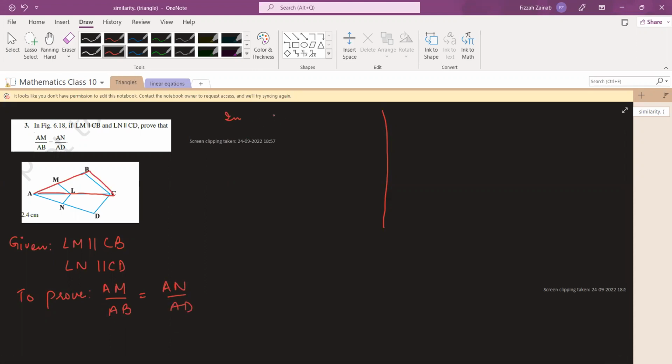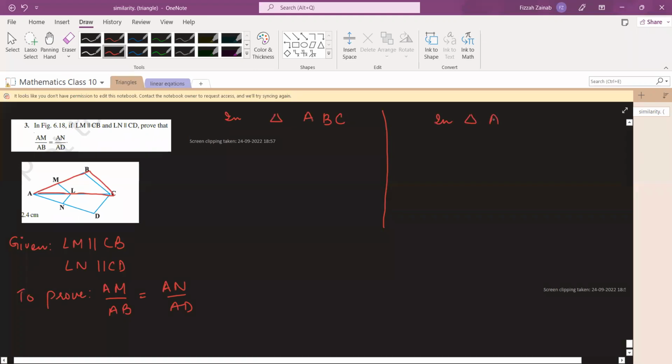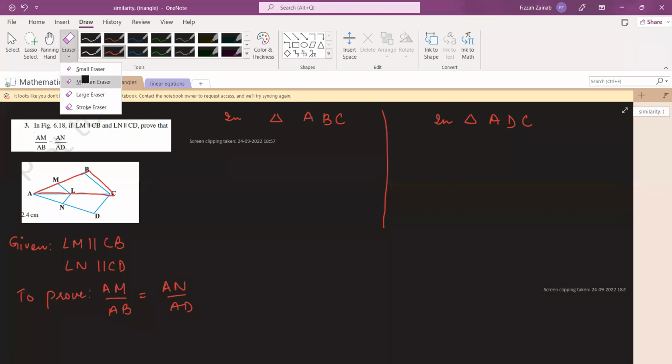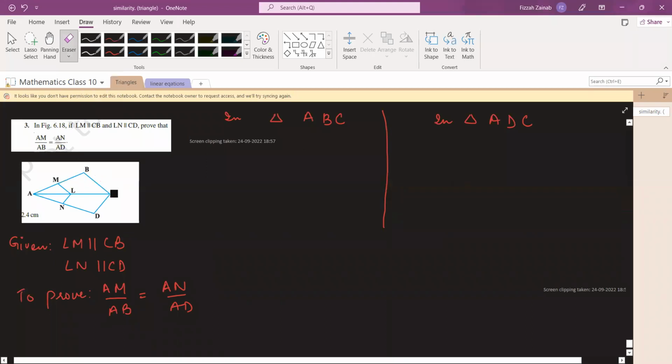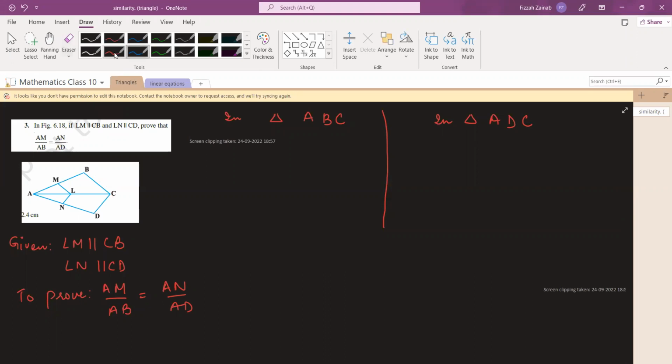So you take triangle ABC, and here I'm taking triangle ADC. One by one, I'll apply BPT. If I apply BPT in triangle ABC, that means AM upon MB is equal to AL upon LC.